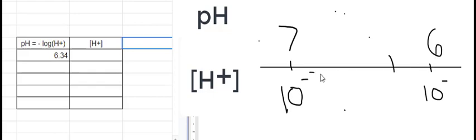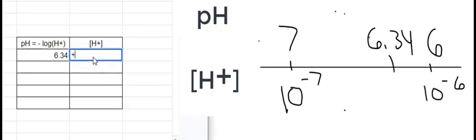So that would be 10 to the minus 7th and 10 to the minus 6th, because 6.34 is right about there, let's say. So the corresponding H plus value we would anticipate to be between 1 times 10 to the minus 7th and 1 times 10 to the minus 6th. So we're looking at an order of magnitude of 10 to the minus 7th, something times 10 to the minus 7th. So let's see what that is. 4.57 times 10 to the minus 7th.